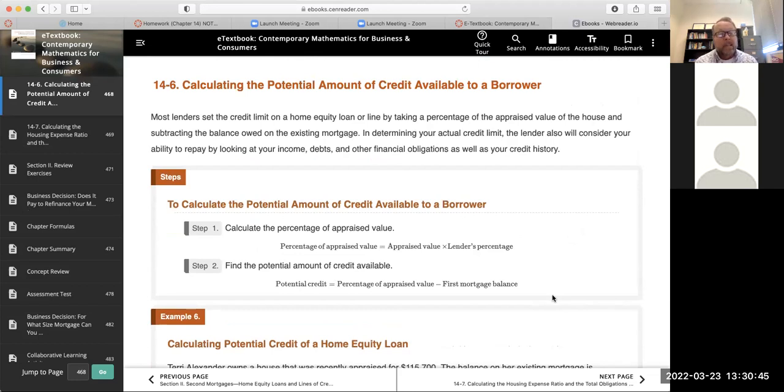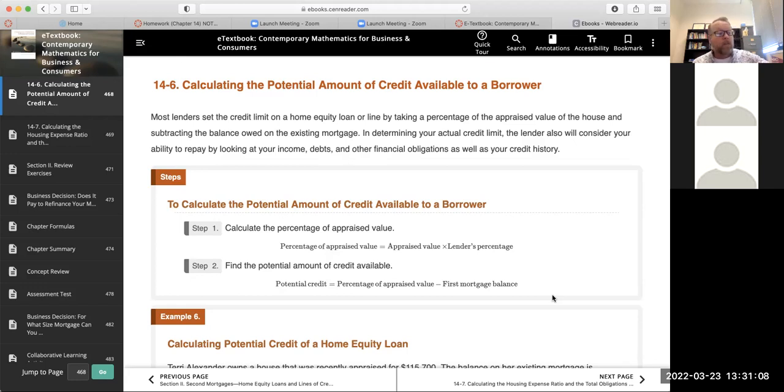That isn't the case so much lately, but in the past, as you own a home maybe for 10 years, you've paid down on the principal. In the meantime, the house value has gone up, and now you may have a home that's worth $300,000, but you only owe $150,000.